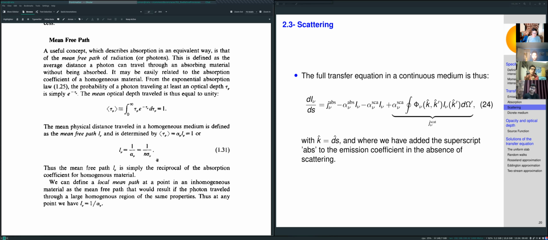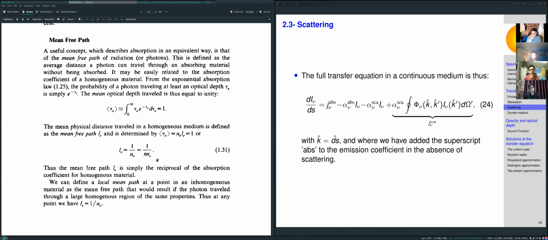The optical depth is a quality of the medium, of how thin or thick it is, of how easily light travels through it, and the mean free path is how far the average photon can travel through this medium without being absorbed. So it's more or less the same quality, but the mean free path is a distance.